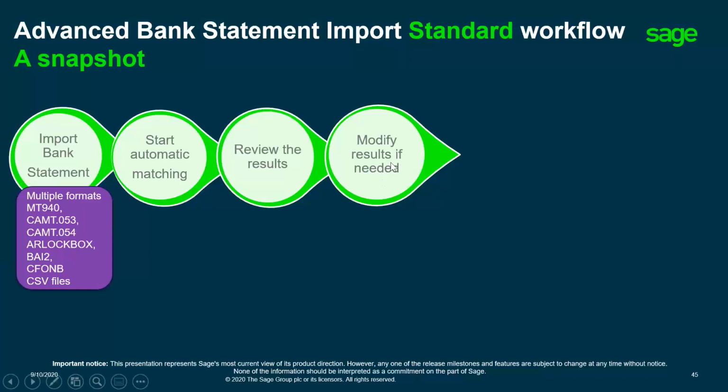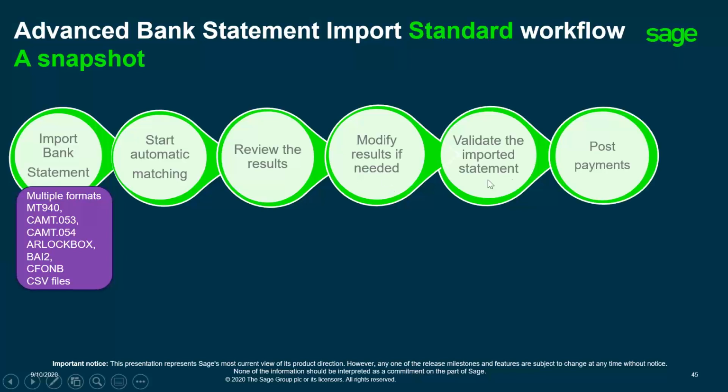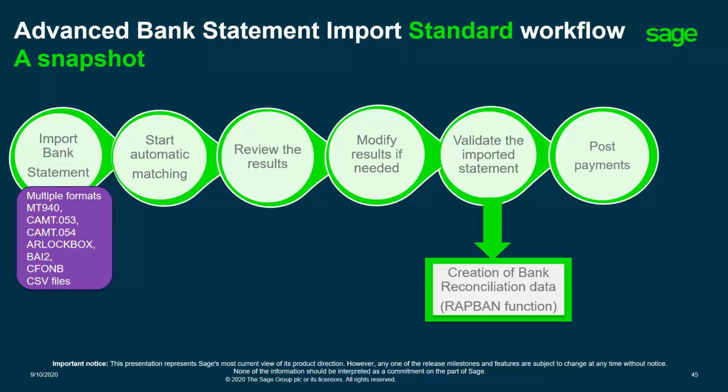Okay, so then you can modify the result if needed, and then you validate the imported statement and the automatic matching. At that moment, the system will not only create the payment on the open items that you have matched with the bank's transaction, but also create the payments for you automatically.